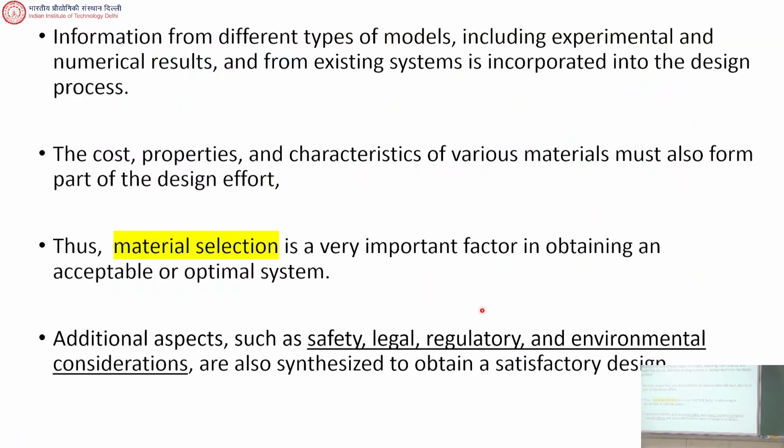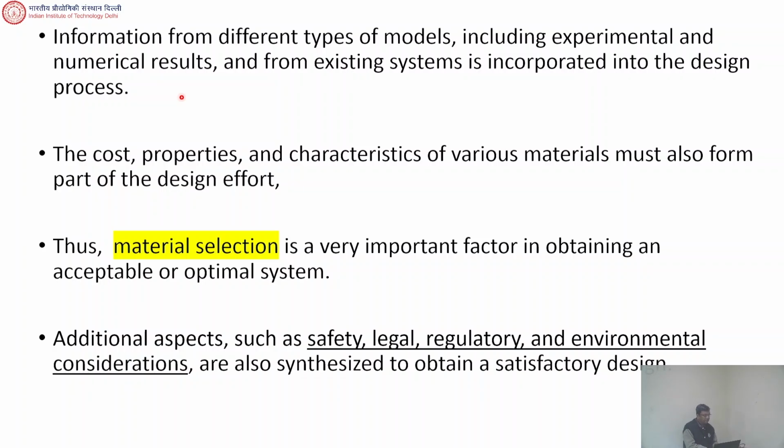Now, information from different types of models comes in, and they will use maybe experimental results and also numerical results, and these existing systems are incorporated into the design process. So in the process of doing all this design, there will be some experimental results, some numerical results, everything has to be put together to come up with the whole design.